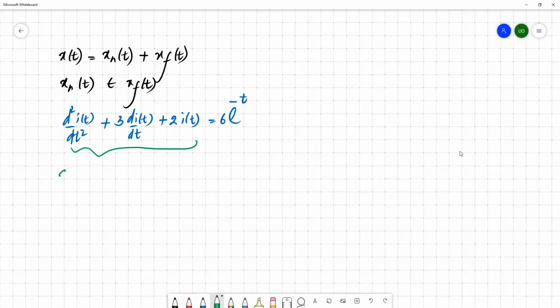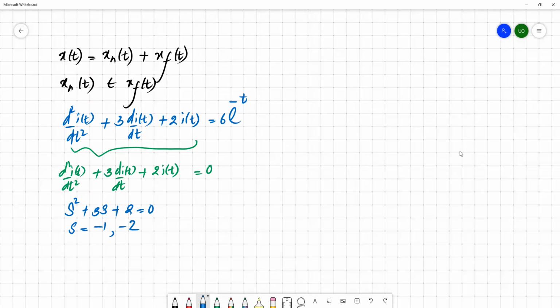Then you have this differential equation equals 0, so you can get the characteristic equation: s squared plus 3s plus 2 equals 0. The roots are -1 and -2. So the natural response is K1 e to the power minus t plus K2 e to the power minus 2t.